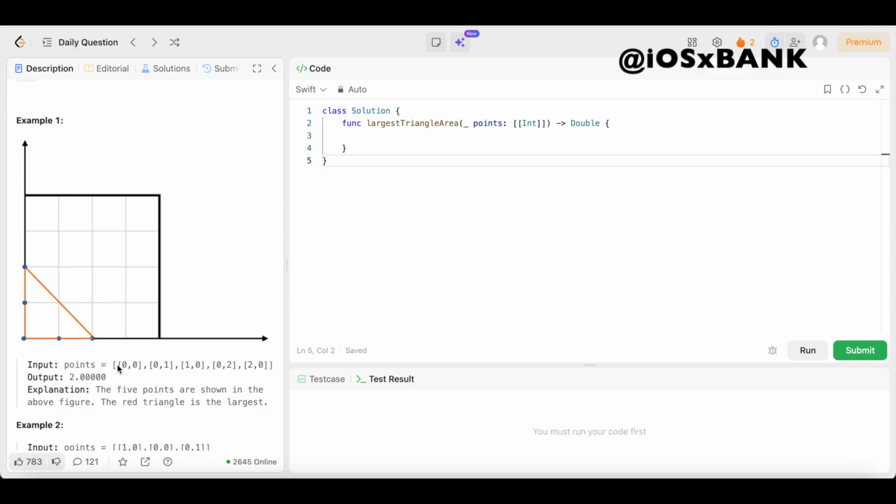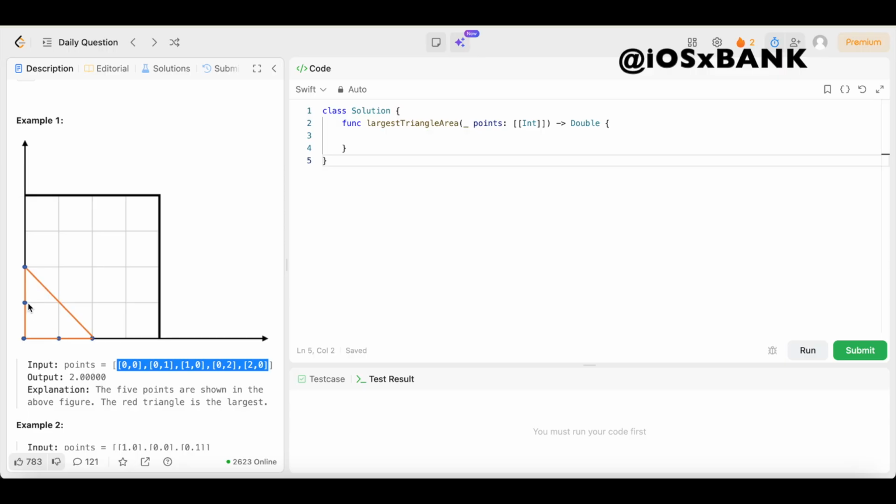As you can see, they give us our points right here, and they mark all of the points on this graph, right? So these 5 dots just represent each one of these points. So now that we know where the 5 dots go, we want to see what's the largest triangle that we can create, or the triangle with the largest area. We could have created a triangle by connecting these 2 points right here.